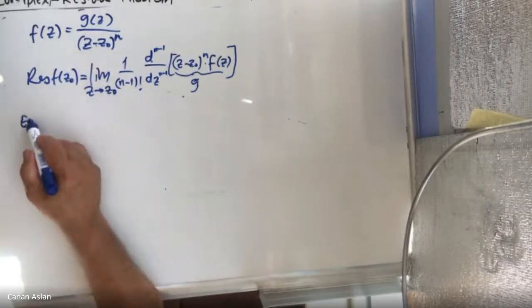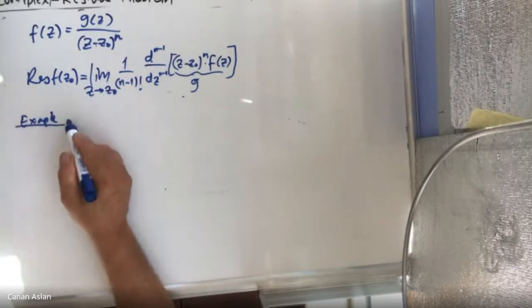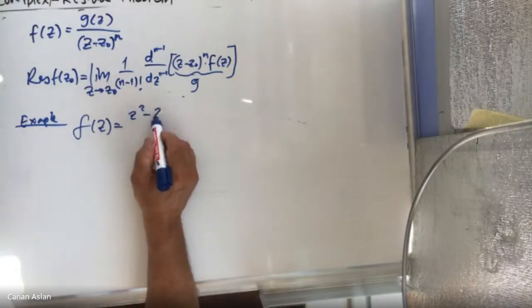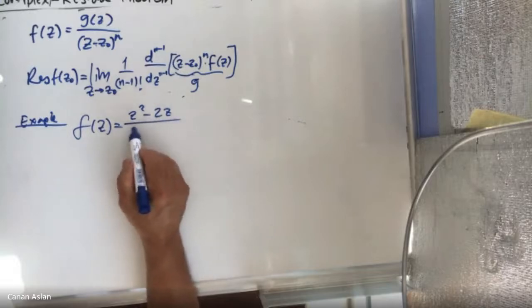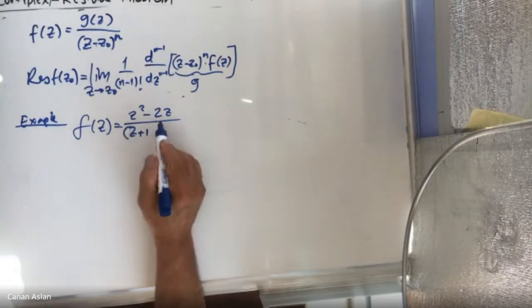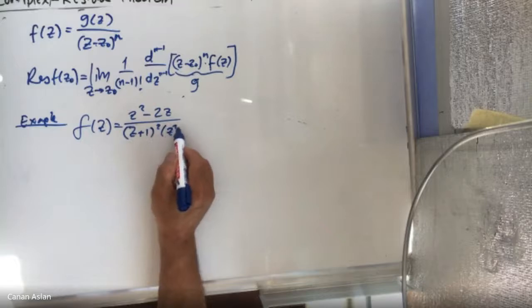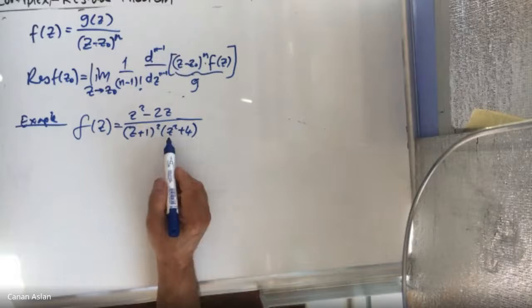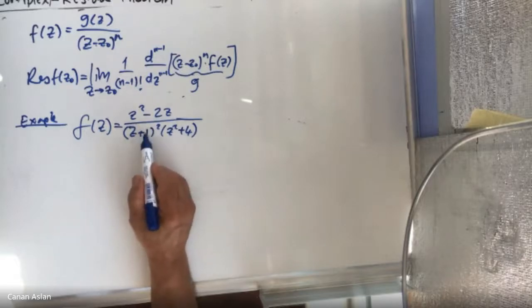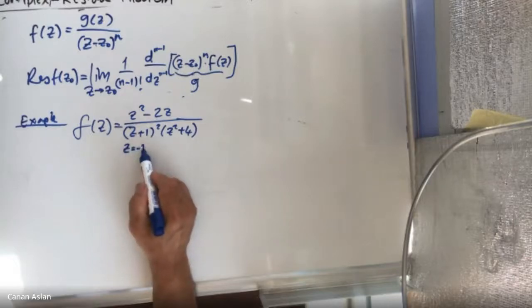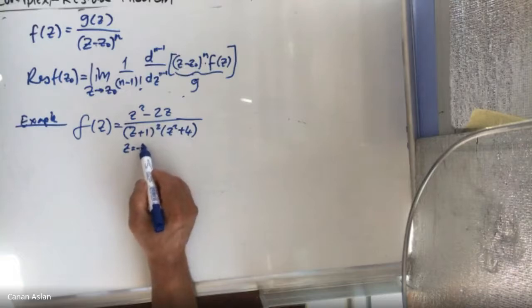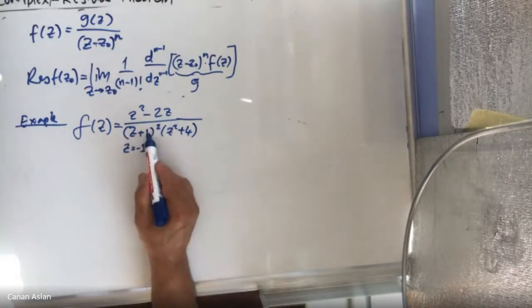So now in this example, let's see what we have. f(z) is given as z squared minus 2z divided by (z plus 1) squared times (z squared plus 4). As you see here, this is the square of a very simple function which blows up at z equals minus 1. So z equals minus 1 is a second order singularity, because there are 2 of these: z plus 1 times z plus 1.